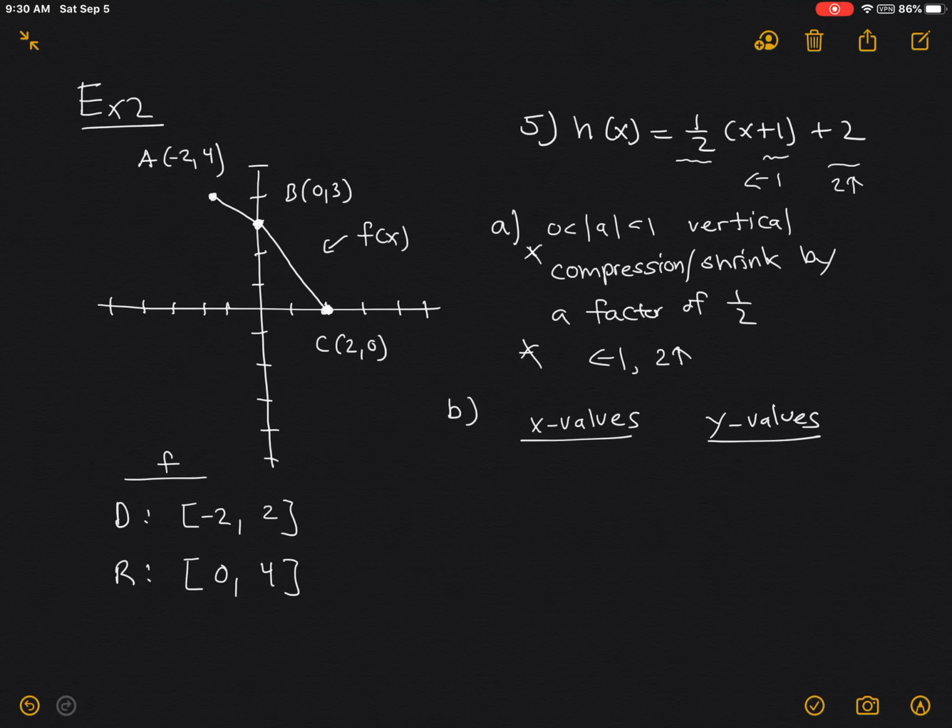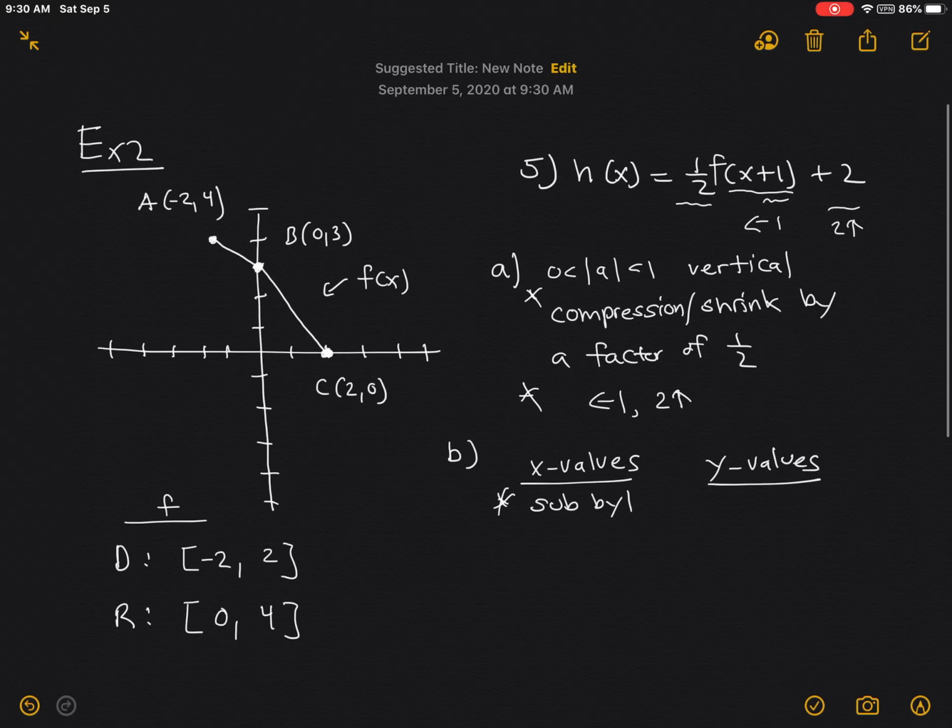Okay, and actually I wrote this wrong, right? There should be an f over here. So inside the parentheses, it impacts my x values, right? And I already wrote down here that this tells us to shift the graph 1 unit to the left. So intuitively, if I'm shifting the graph 1 unit to the left, I need to subtract by 1. Okay, so that's what I do with the x.